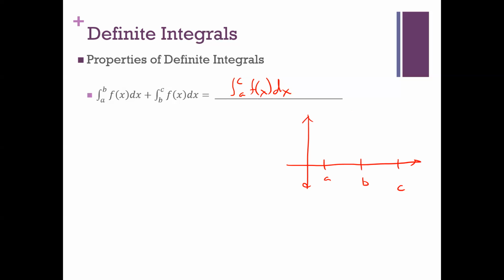I was going to say, would that same thing apply if it was g of x on the second one? Let me draw this. So it was a different function. Let's talk about f of x first. So just a single function here. Basically, if I find this area and then this area and add them together, is that the same as me finding the area of the whole thing at once?